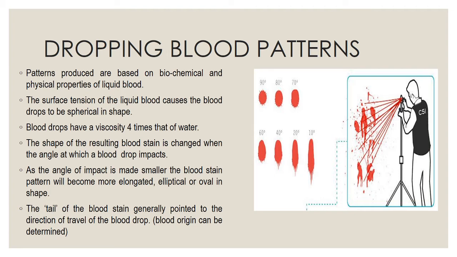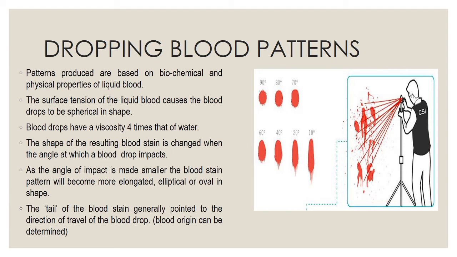So what are the physical properties of liquid blood? Surface tension, viscosity, adhering property. These are some of the physical properties, and because of that only it is giving a particular pattern. We'll see one by one.